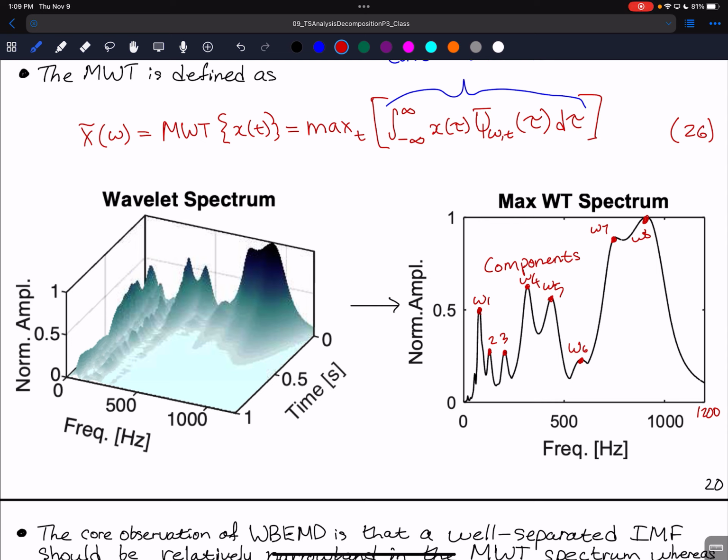Once it's extracted this omega 8 component, it will truncate the wavelet transform spectrum down to maybe like 800 hertz and then find the next component. What that means is that the exact frequency where a particular maximum value occurs is going to change as the WBMD works. And so it uses what you provided as a guideline to search within a range, search for the maximum value instead of exactly what you've given it.